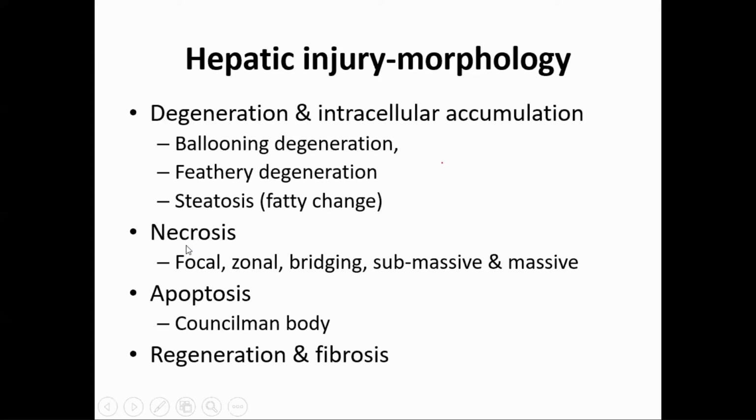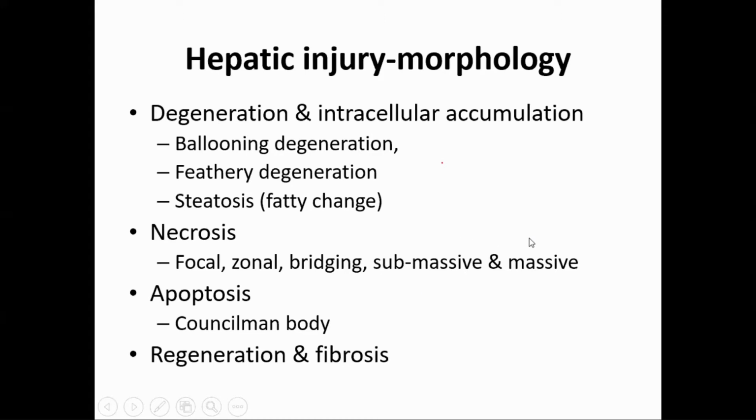Then necrosis. Necrosis can be focal, or zonal, that is zone 1, 2, 3. It can be bridging necrosis, going from one central vein to the other central vein, forming a bridge between two anatomical lobules. Then it can be submassive or massive: the whole liver may be necrosed, or less than the whole liver.